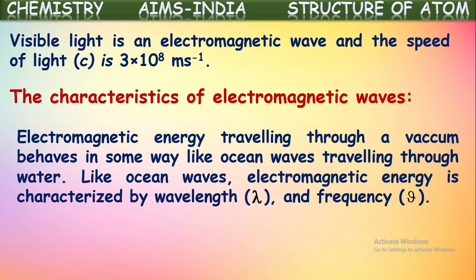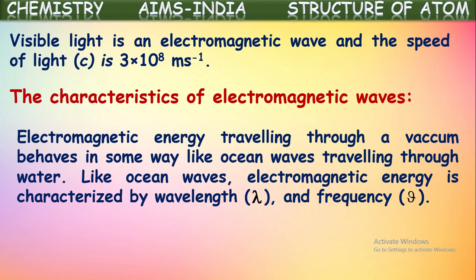Actually, they do not need any medium for their propagation. So, like ocean waves, electromagnetic energy is characterized by wavelength and frequency. How do ocean waves have a certain wavelength and frequency? In the same way, electromagnetic waves are also characterized by wavelength and frequency.